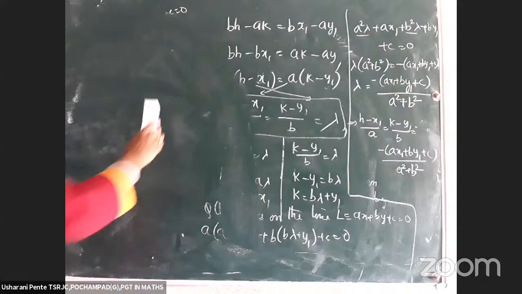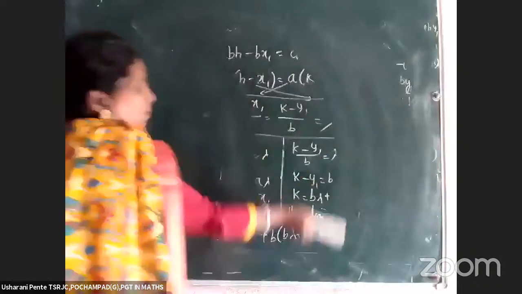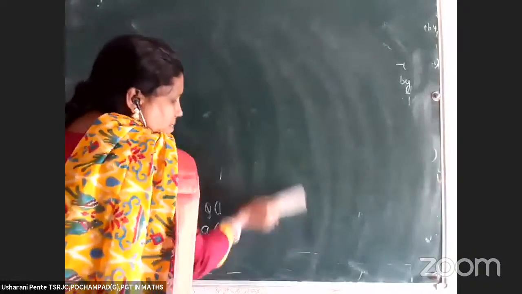Let us see a problem. Find the foot of the perpendicular from the point (minus 1, 3) on the straight line.